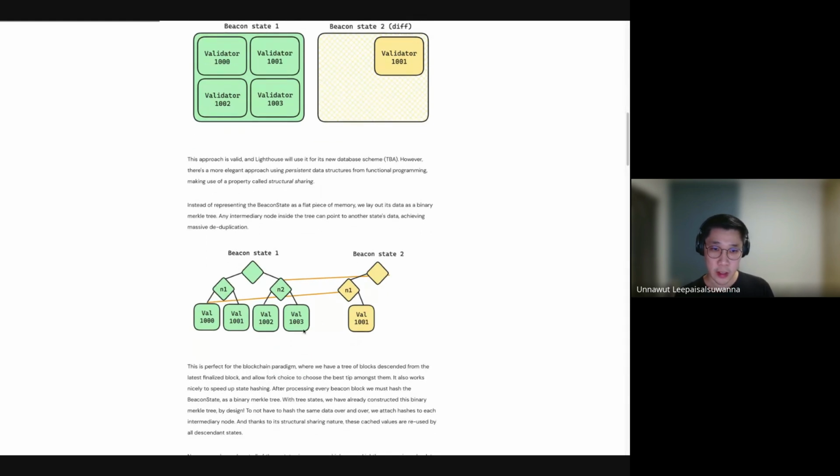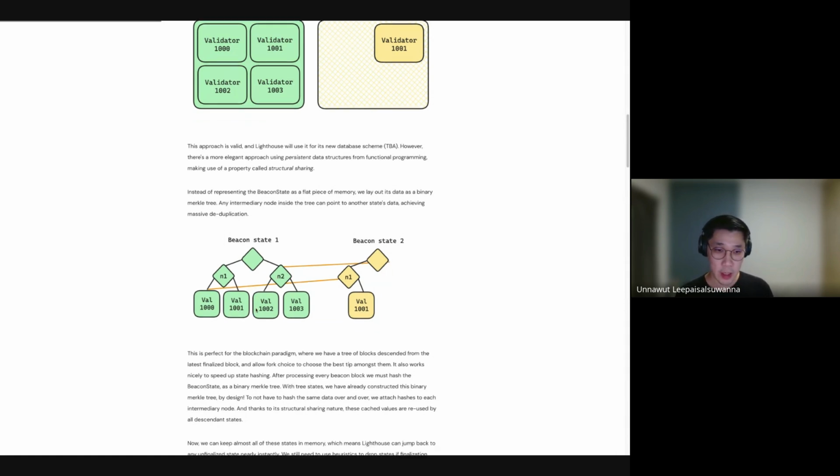And more interestingly, for each of the state changes, they are not duplicating the entire state. They are only tracking the changes from one slot to another. And for whatever hasn't changed, it basically refers back to the previous beacon state that it has.